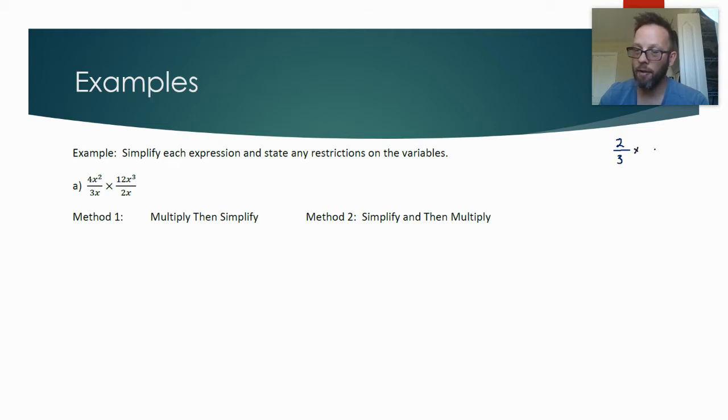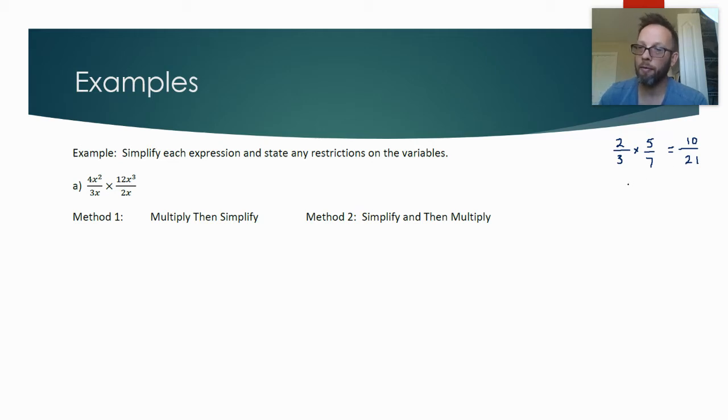If we have 2/3 times 5/7, the rule you learned in earlier grades is you multiply the tops, 10, and you multiply the bottoms, 3 times 7, 21. So 10/21. That's how you multiply fractions, and that's how you multiply rational expressions.